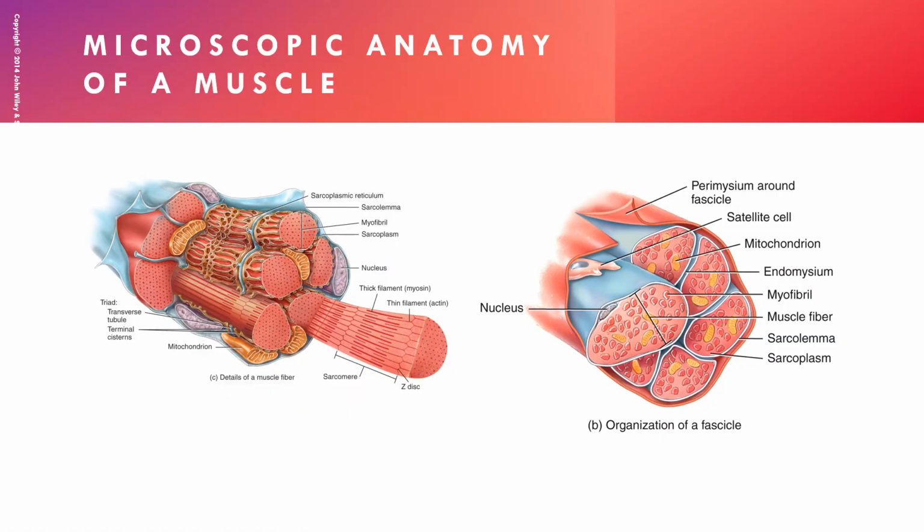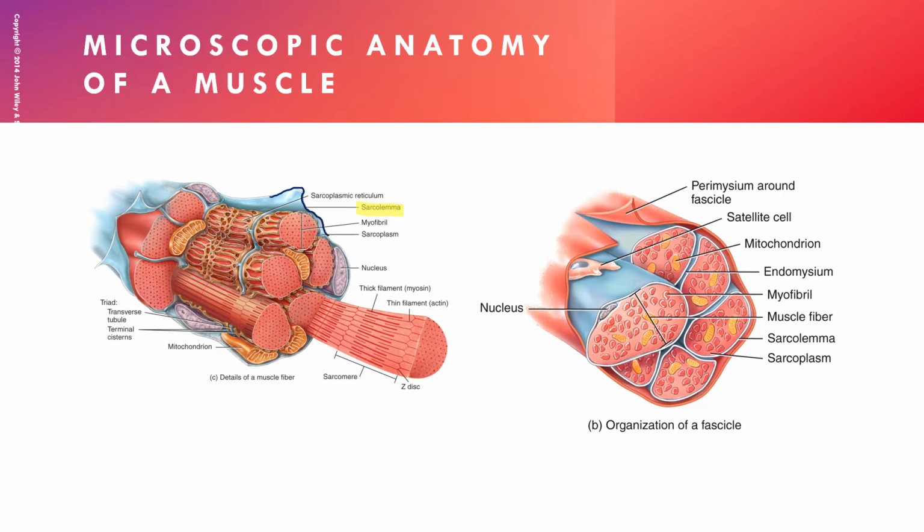So the multiple nuclei of a skeletal muscle fiber are located just below the sarcolemma, and the sarcolemma is going to be the plasma membrane of a muscle cell. So here you can see that plasma membrane is going to be this blue bit.